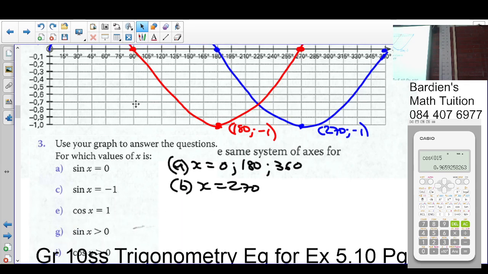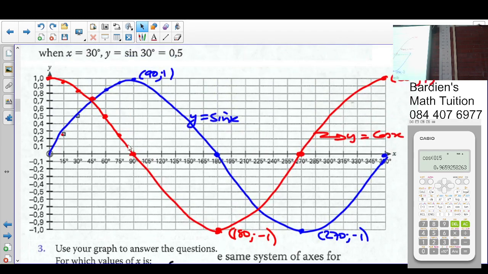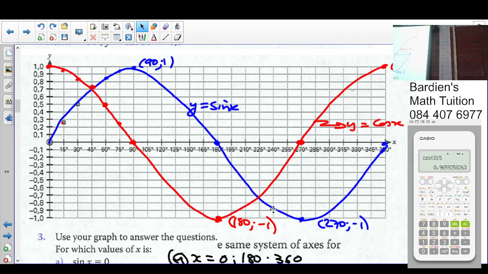Where's B? B is on the other side. Did you get E first? Where's cos x equal to 1? The cos graph is the red graph, not so? Where is it equal to 1? At 0 and 360. Can you see that?